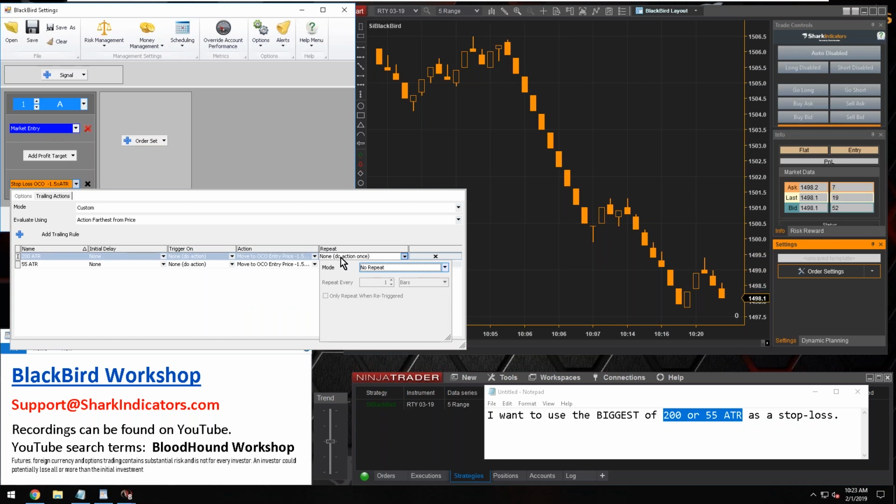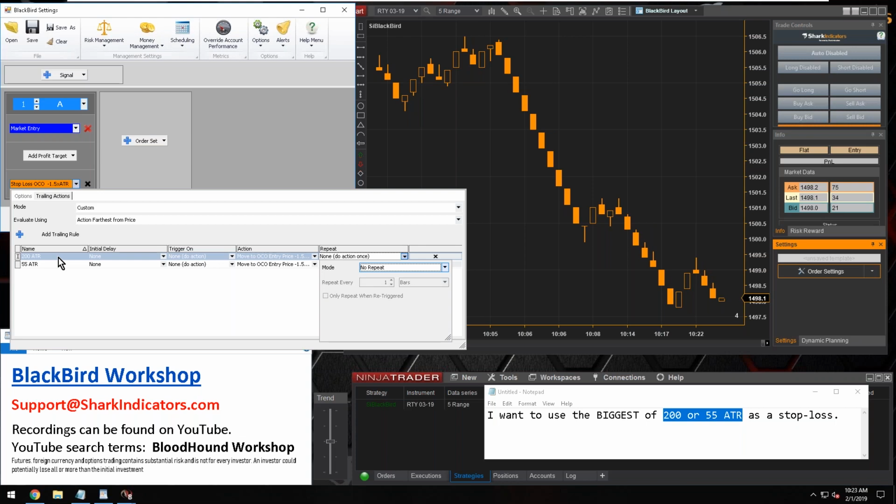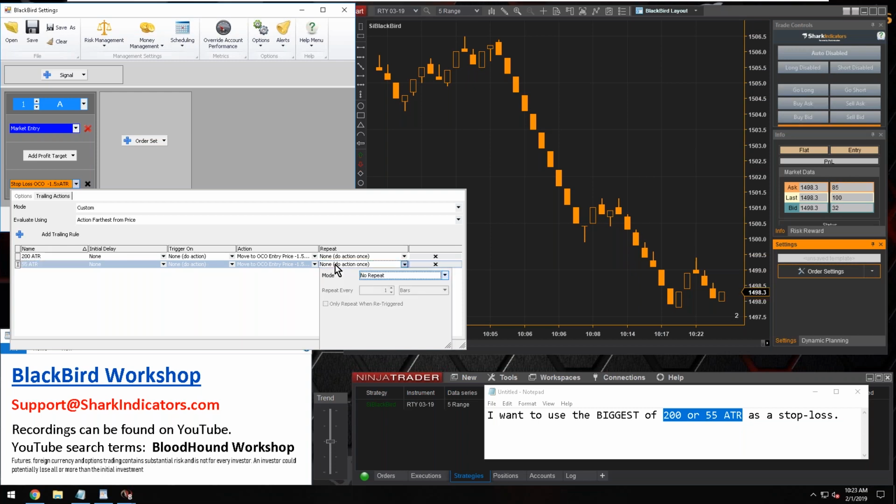It fired off once, and now this trailing roll will never get used again, because its repeat is set to none. It's never going to be able to fire off or execute again. But our 55 ATR hasn't executed yet, so it still has one execution left. So it could execute itself sometime further on throughout the trade.